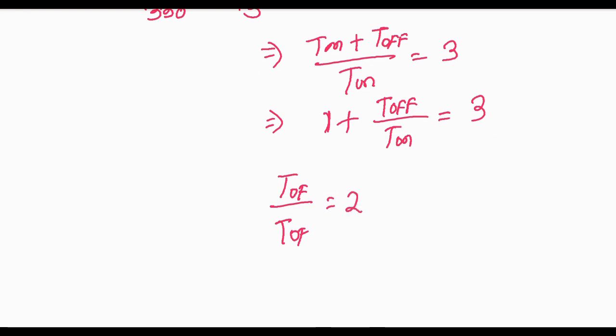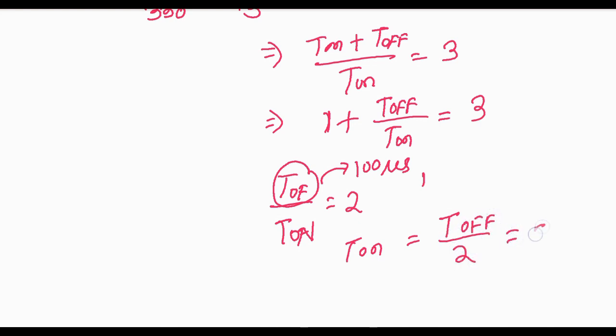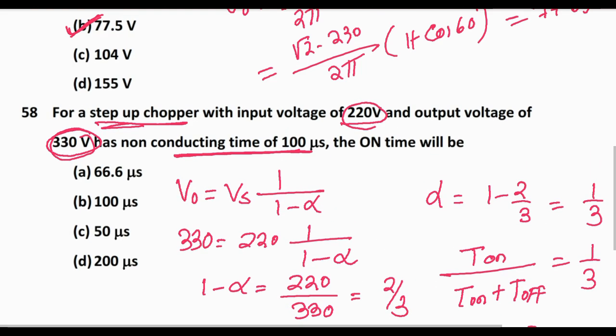Here T off is given to be 100 microsecond. So what will be the T on? T on will be T off by 2, and this will be 50 microsecond. So the answer will be 50 microsecond.